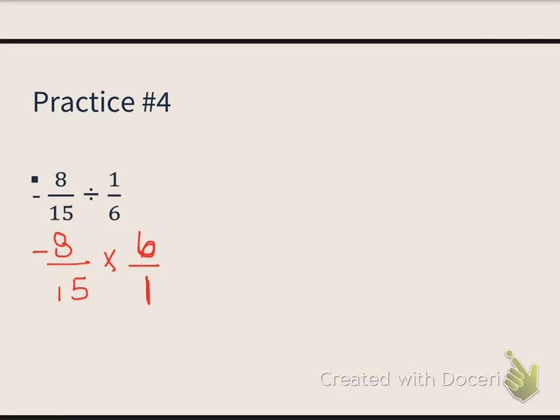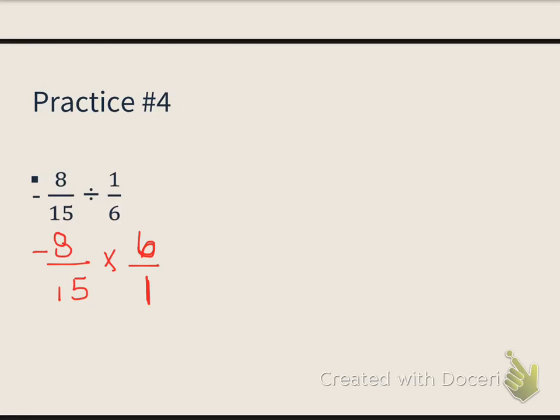Because again, we love multiplying with fractions. If we could multiply with fractions with everything, we would. So even when we're dividing with fractions, we want to flip the second one and then multiply.